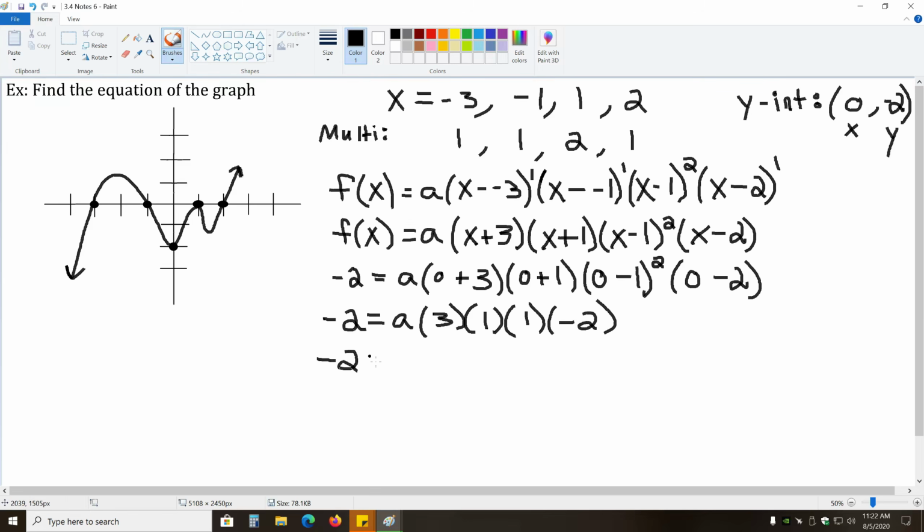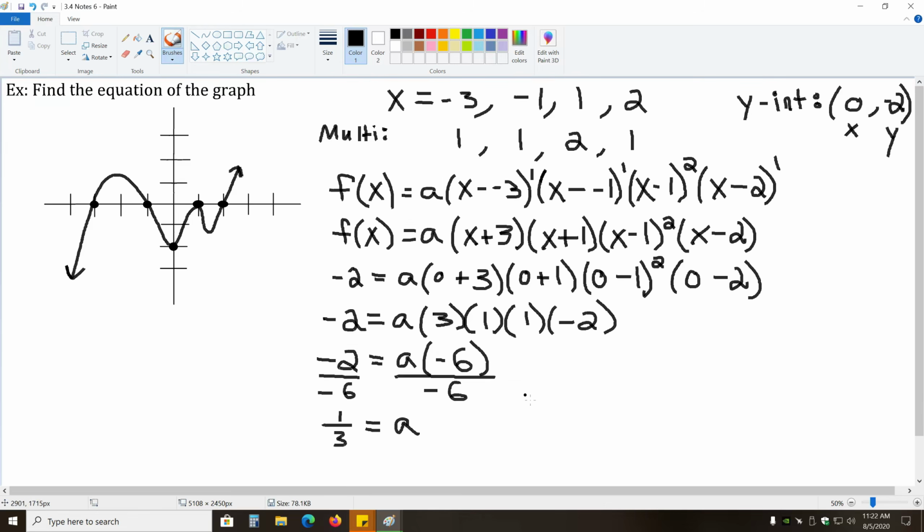So we have -2 equals a times 3 times 1 times 1 times -2, which is -6. And dividing each side by -6, we get 1/3 equals a.